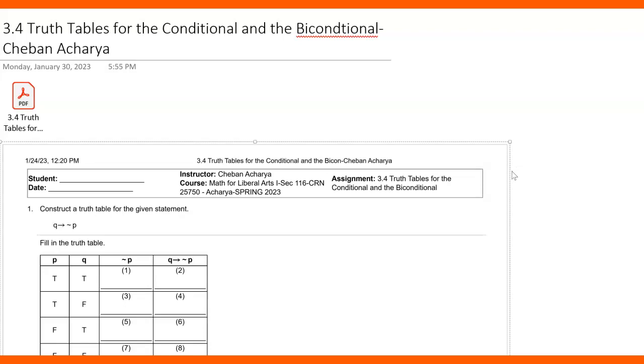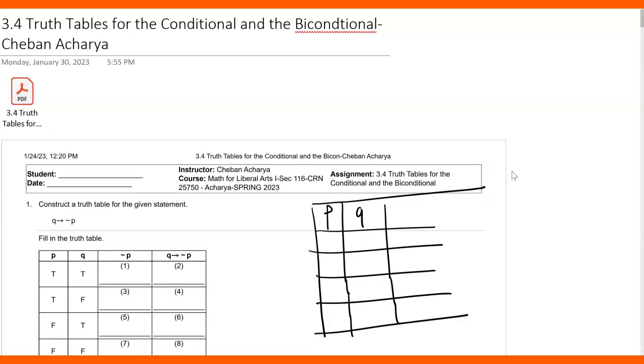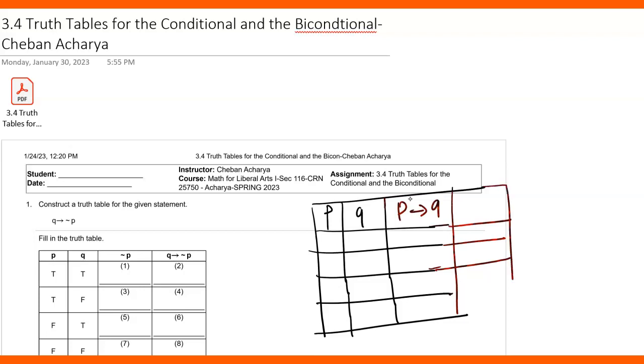Let me write down the standard table here: the P column and the Q column, and then P right arrow Q, that is the conditional, and finally P double arrow Q, that's the biconditional.